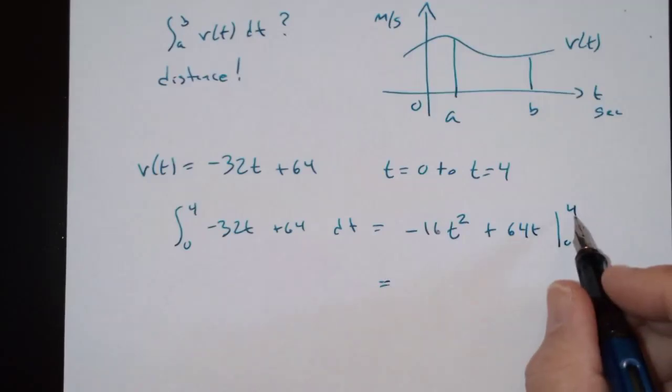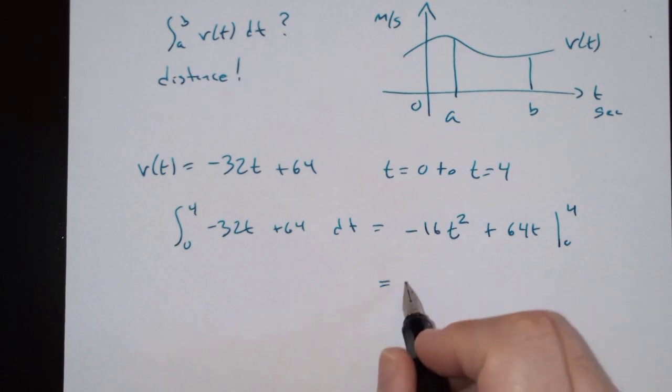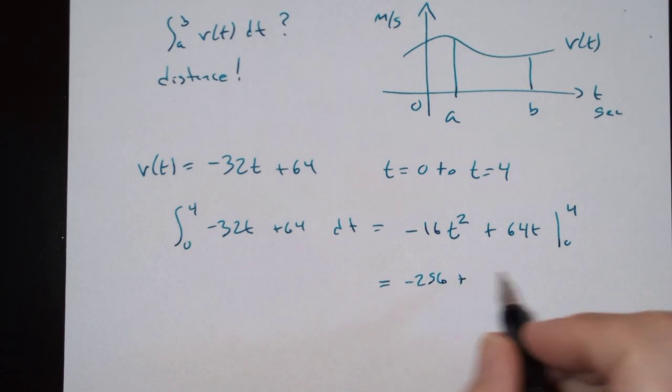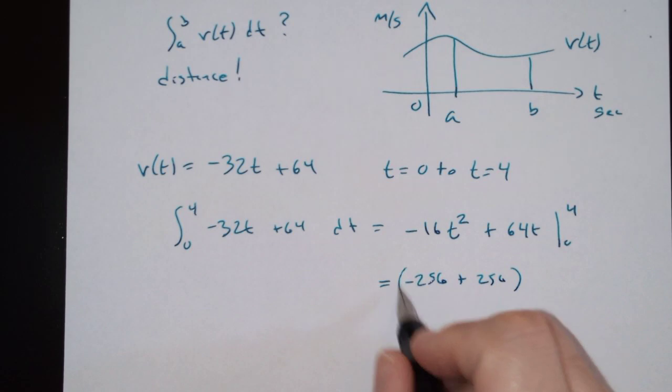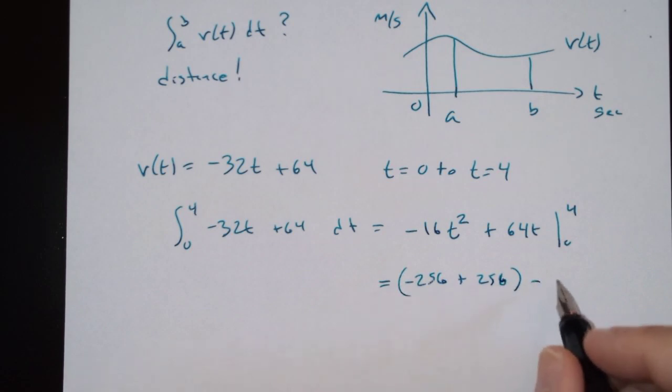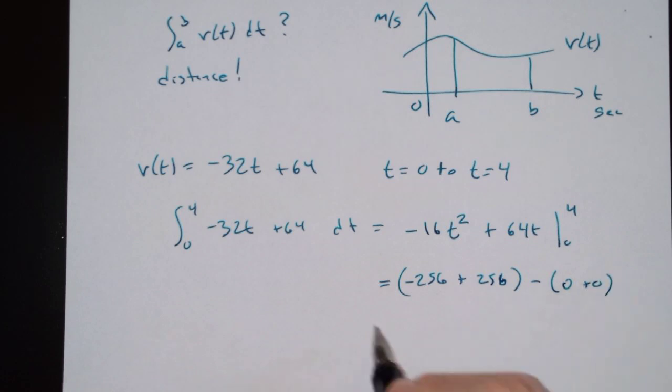When I put in 4, 16 times 16, 256, plus 64 times 4 is also 256, minus, plug in 0, I get 0, plug in 0, I get 0.